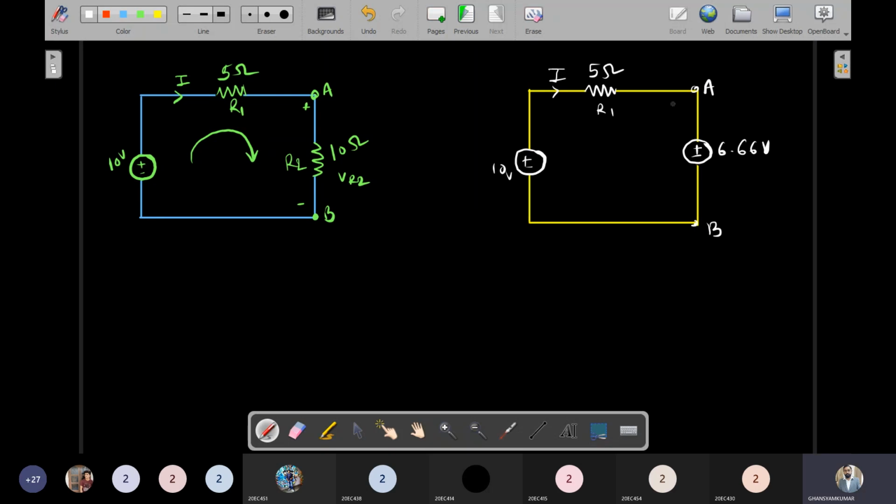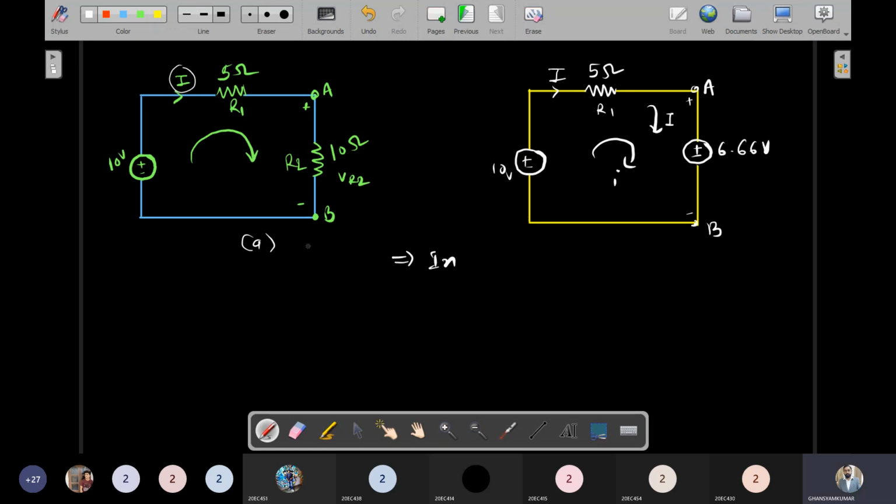Now if I measure across this AB branch, I will get the value 6.66 volt. But we need to check whether the branch current I, flowing through this loop, satisfies the I value from before.